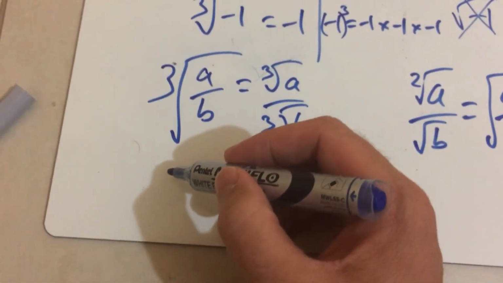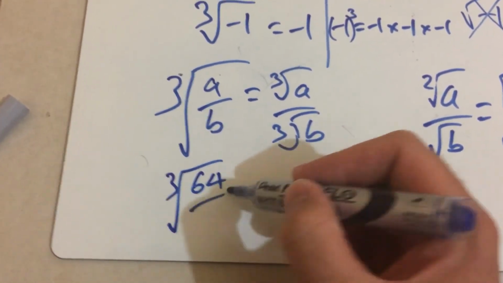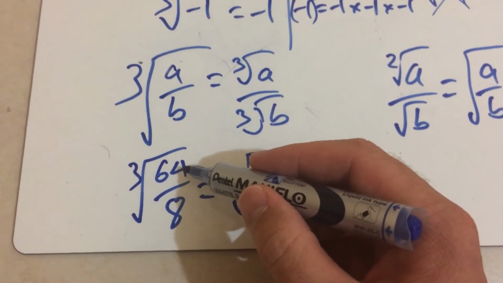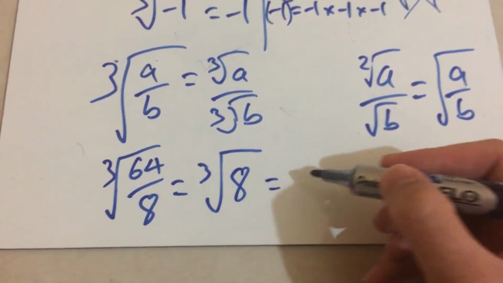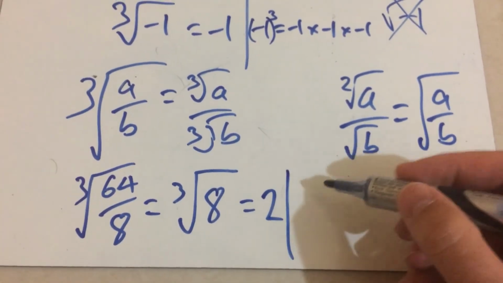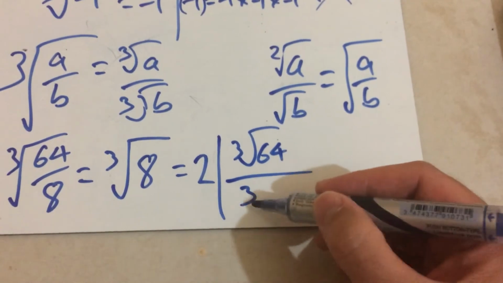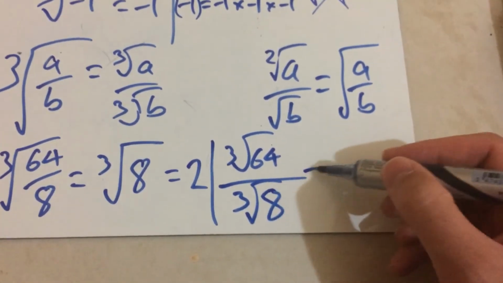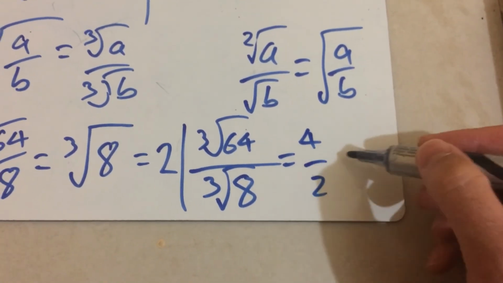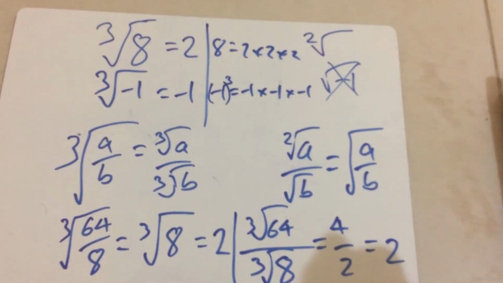Let's take the example of the cube root of 64 over 8, which is the same as the cube root of 64 divided by 8, which is 8. We've just seen that that is 2, but we can see that it's the same as the cube root of 64 all over the cube root of 8. Cube root of 64 is 4, cube root of 8 is 2, 4 divided by 2 is 2. So there we go.